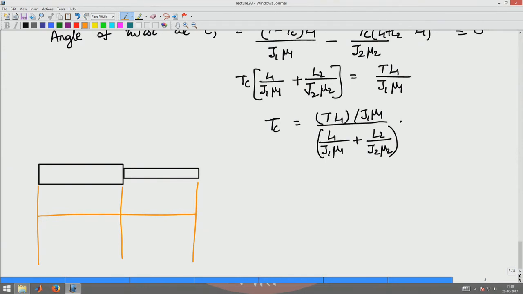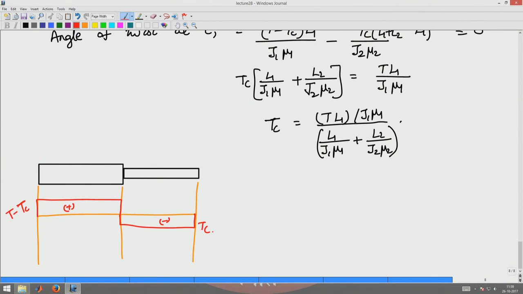In this member there is a negative torsion Tc, and here there is T minus Tc. Okay. So basically this is the torsion diagram for this structure which is fixed at both the ends.